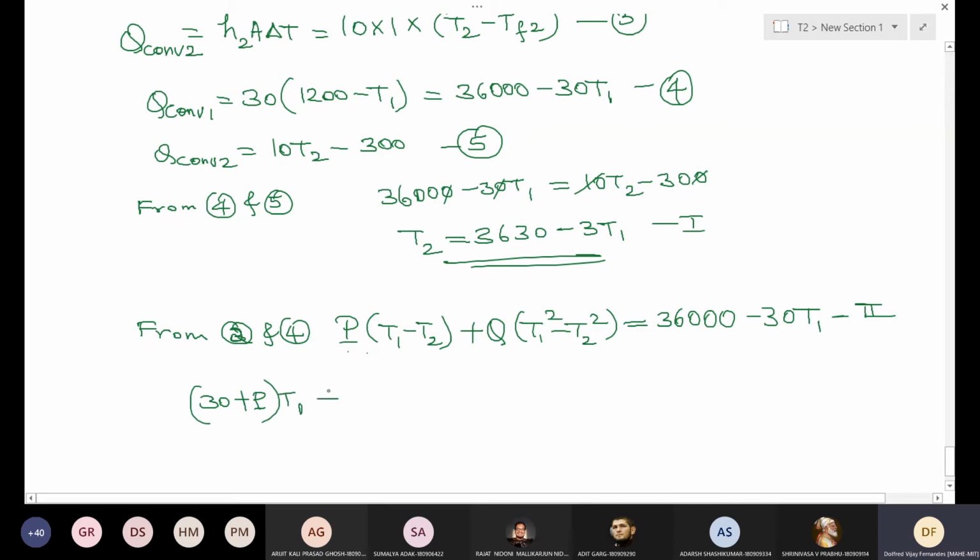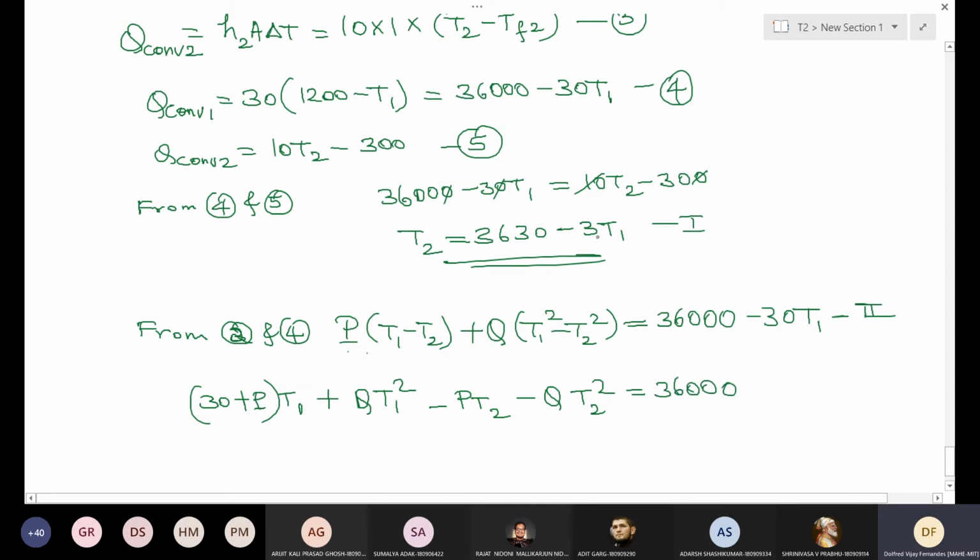Then we have Q into T1 square, minus P into T2, minus Q into T2 square. On the right hand side, we have 36,000.